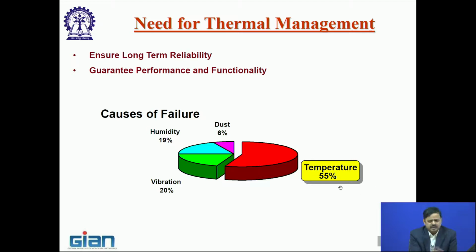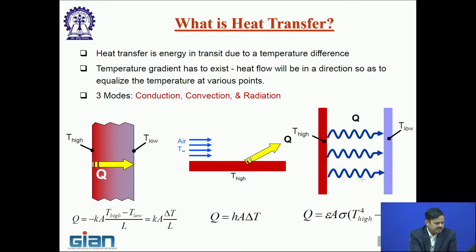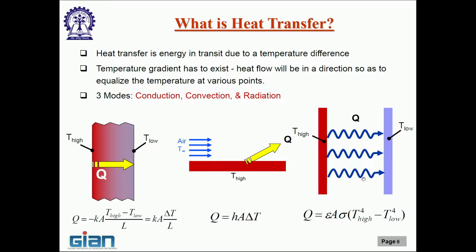The reason for this overheating can be a lot of things, but the final reason why it failed is the fact that it exceeded its allowable temperature. So, we need to keep the temperature within the limit, which means that we have to remove the heat that is generated, that is causing this temperature rise.